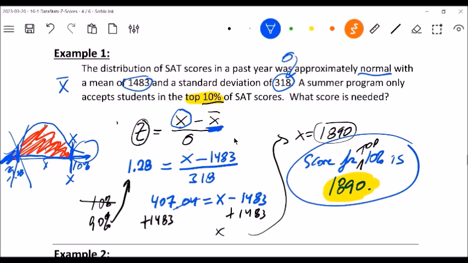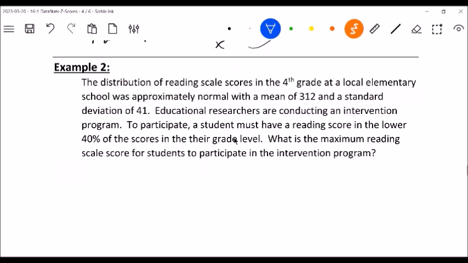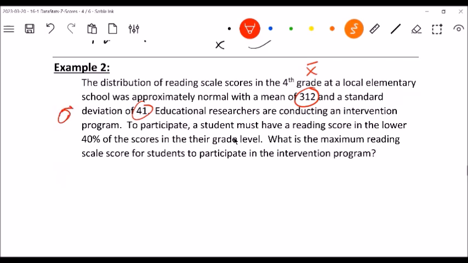We're thinking very carefully about which ones of these you should have, and being able to solve for the x rather than solve for the z-score this time. Here's another type of one. The distribution of reading scores, fourth grade, is approximately normal, with a mean of 312, standard deviation of 41.